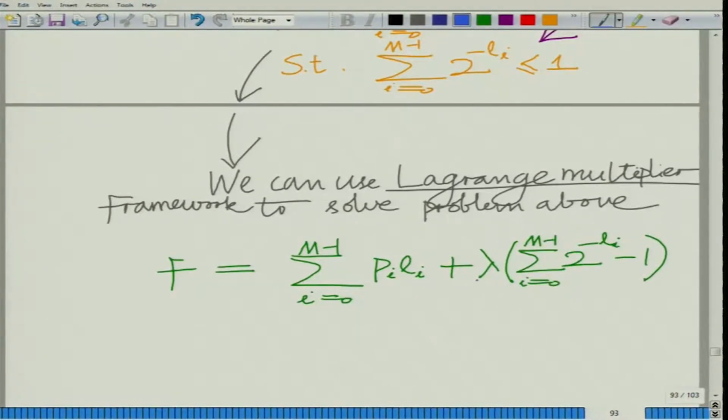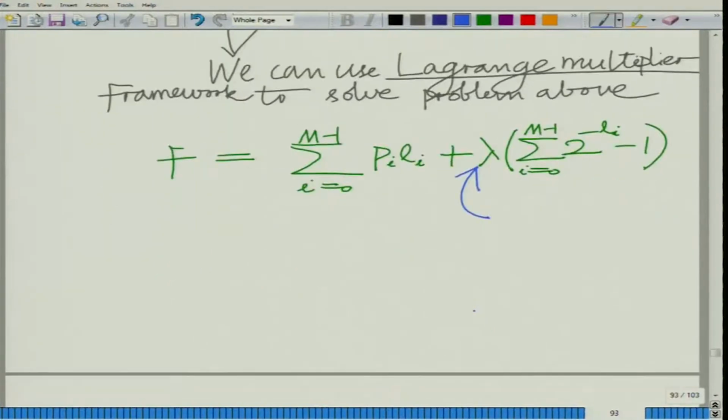This lambda is known as the Lagrange multiplier.